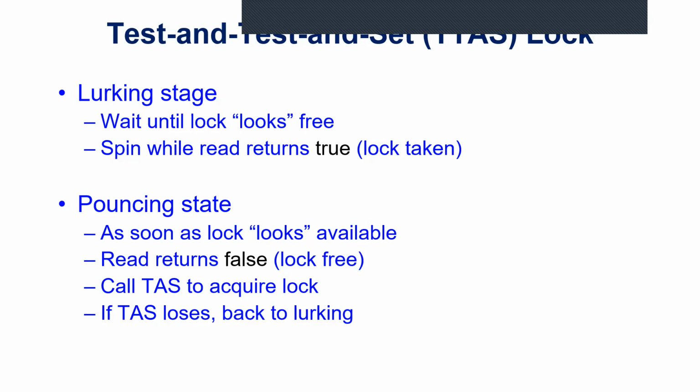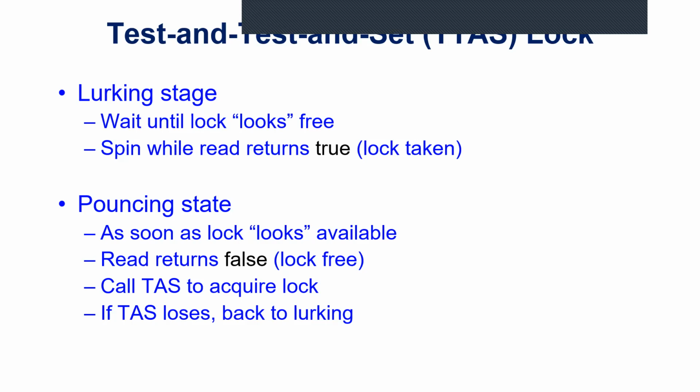This typically involves repeatedly reading the state of the lock. The thread continues to wait in this stage until the read operation indicates that the lock is potentially free. Spin while read returns true. Once the thread observes that the lock looks taken, it enters into a spin loop.